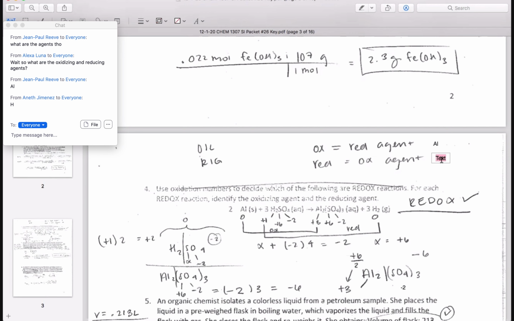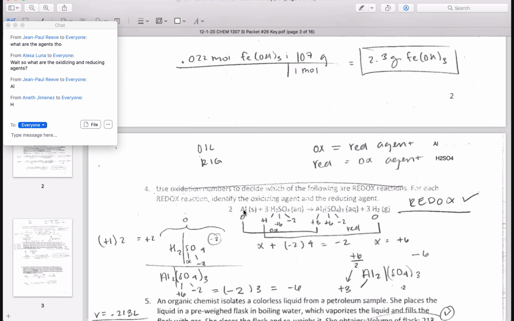It's kind of a complex answer. Is it hydrogen sulfate or sulfuric acid? Yeah, exactly. It needs to be the whole reactant, the whole compound. So H2SO4 is the oxidizing agent. We didn't have a bigger compound for aluminum because aluminum is actually alone.